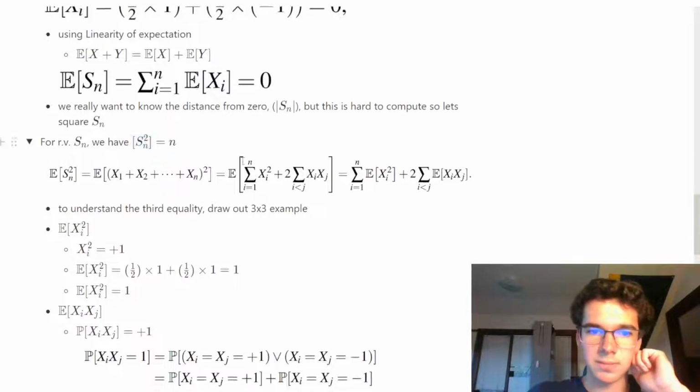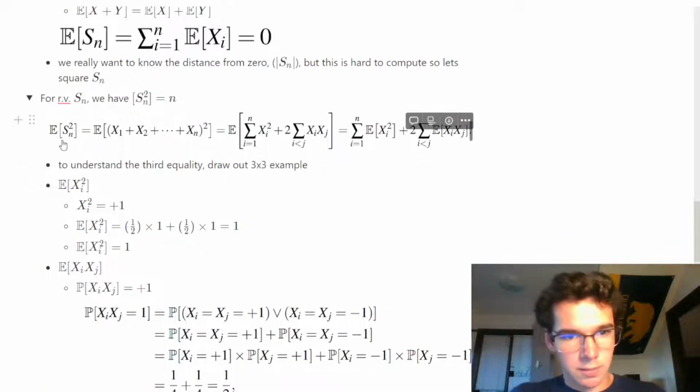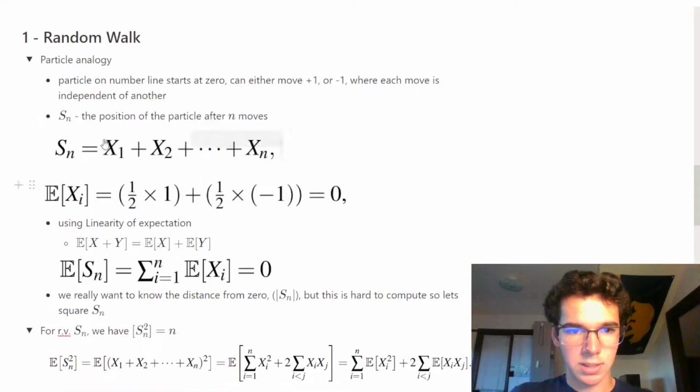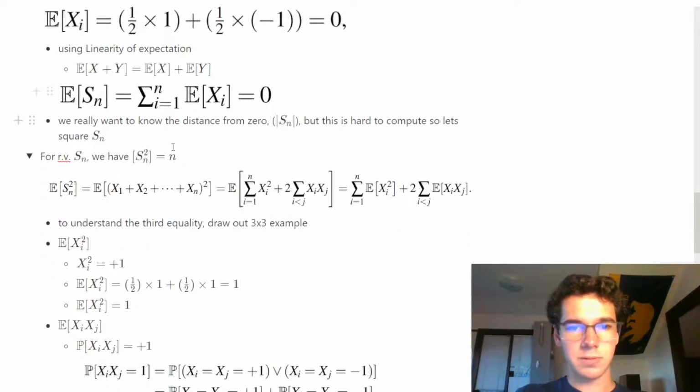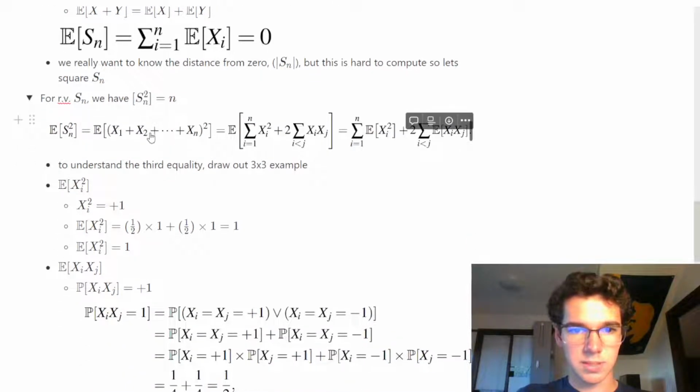Okay, cool. So now we're going to take the square of S_n, and we're going to show that it's equal to n. S_n is defined as the summation from i equals 1 to n of X_i. So we can simply square this sum, and we get something of this form.